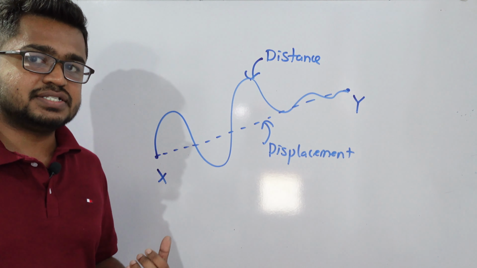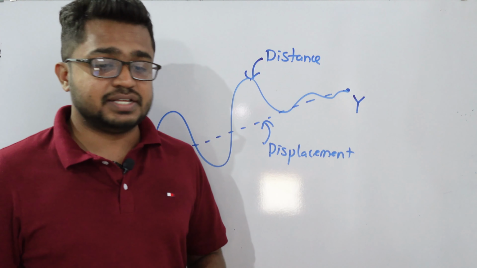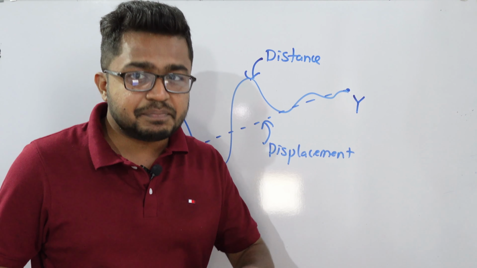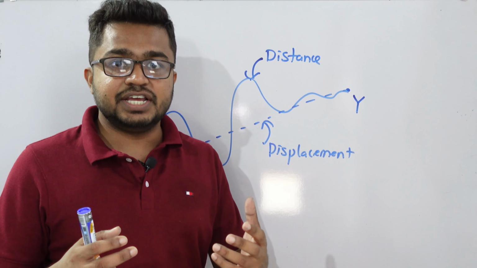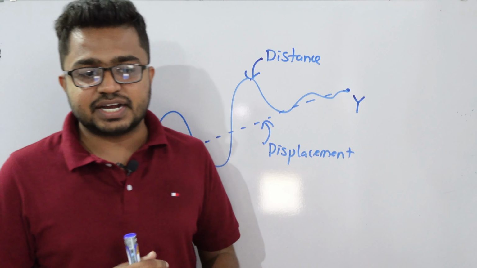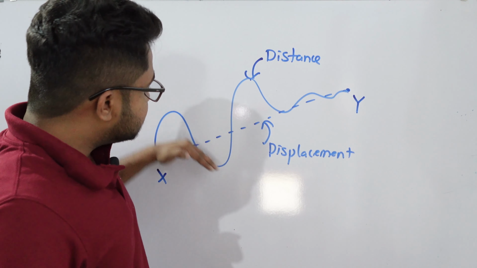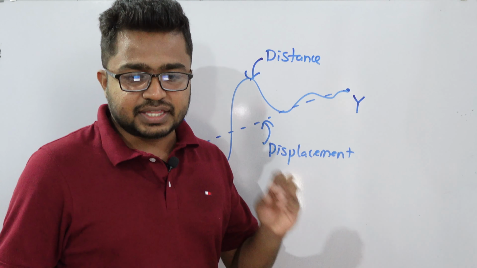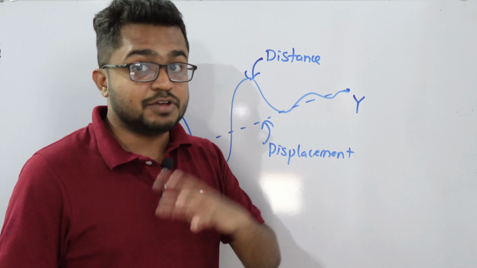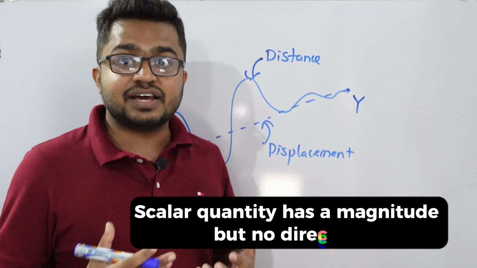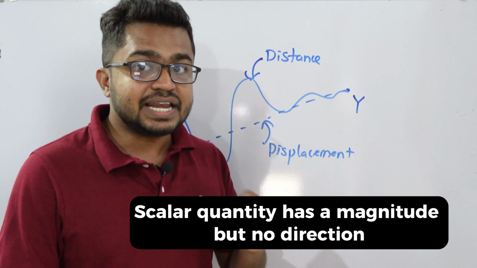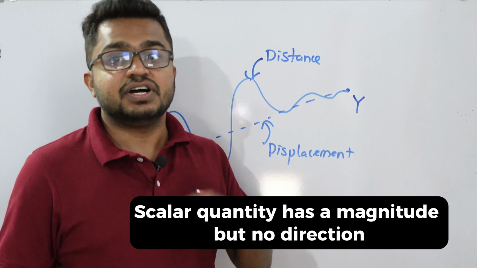Now we have some understanding of distance and displacement. Let's dive deeper into the properties of distance. As I told you, distance is the length of the path taken, and this is a scalar quantity. What do you mean by a scalar quantity? A scalar quantity has a magnitude but does not have a direction.